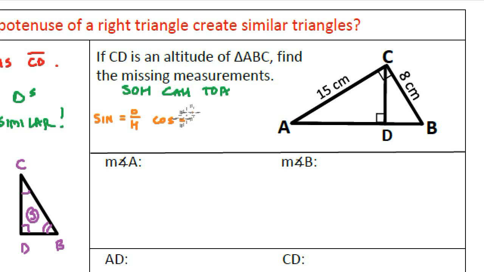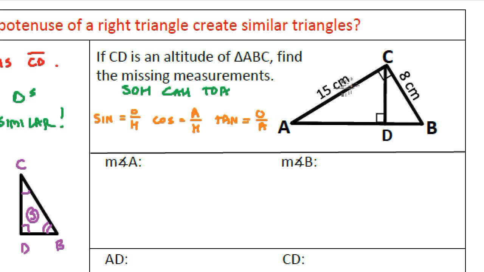Cosine is equal to adjacent over hypotenuse, and tangent is equal to opposite over adjacent.